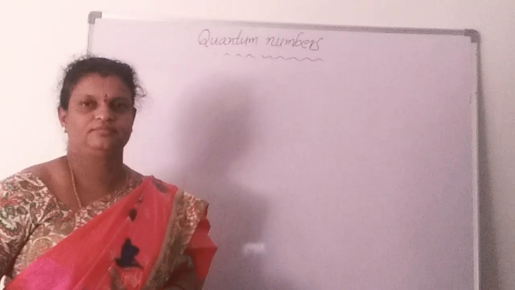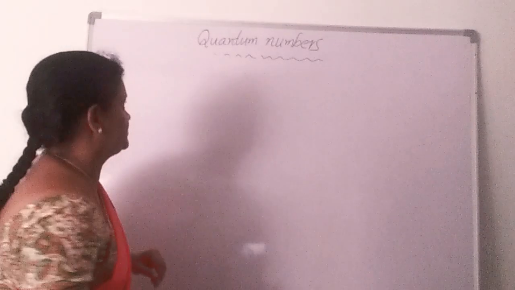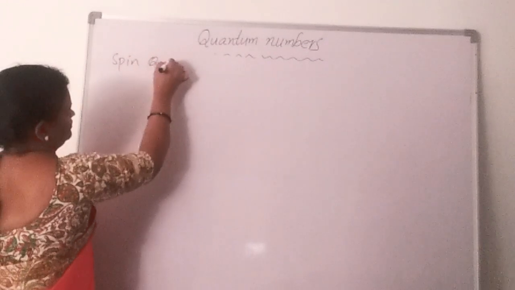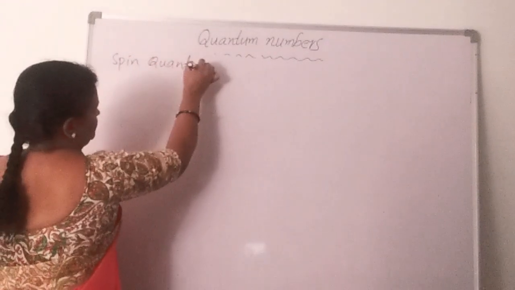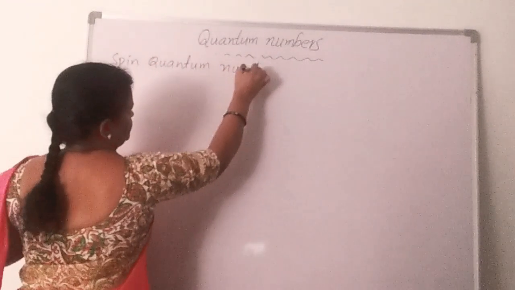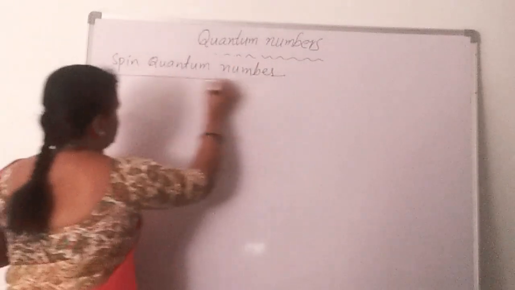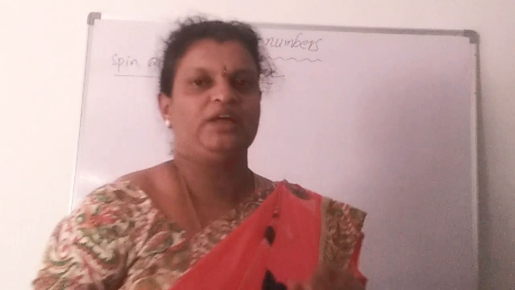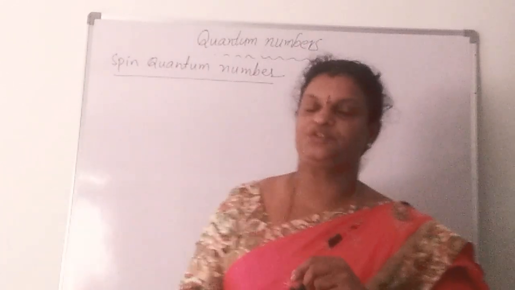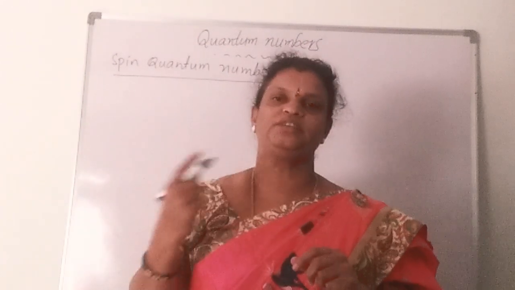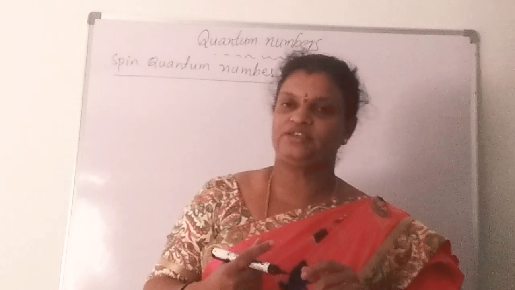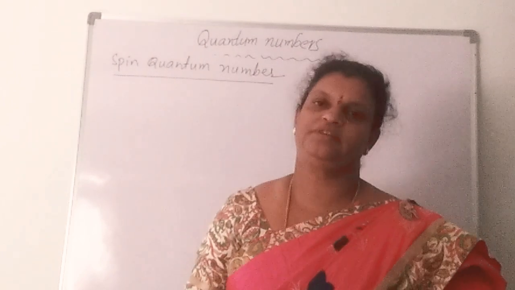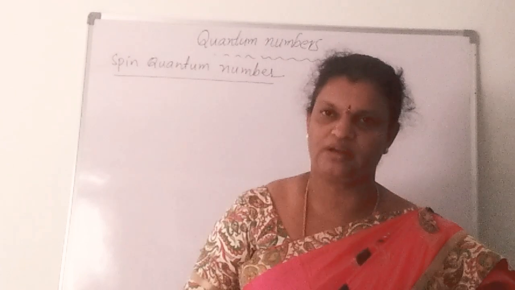Right. Now we'll see the fourth quantum number, the spin quantum number. This spin quantum number gives us the idea of how the electron is rotating around itself. Actually, an electron in an atom revolves around the nucleus, and along with that it rotates around its own axis. Whether it is rotating clockwise or anti-clockwise, we can know from the spin quantum number.